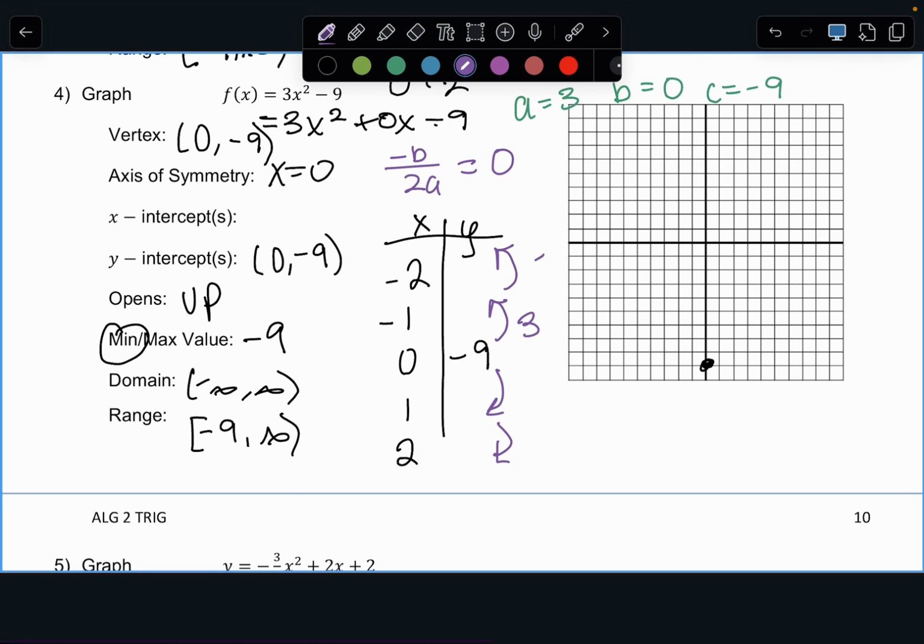Yeah, 3 and 9, plus 3, plus 9. 1, 3, 5, 7 goes to 3, 9, 15, 21. So -9 plus 3 is -6. -6 plus 9 is +3. We reflect them over. And then we did all the hard work. We just have to graph it now.